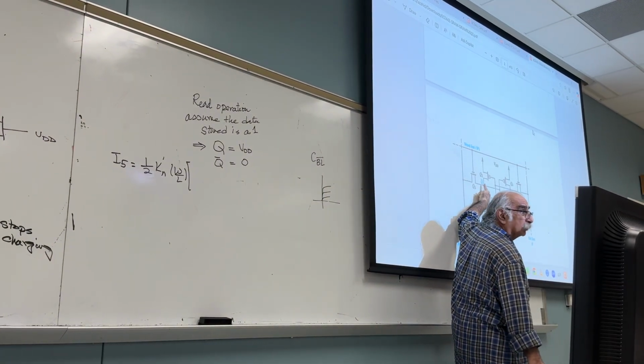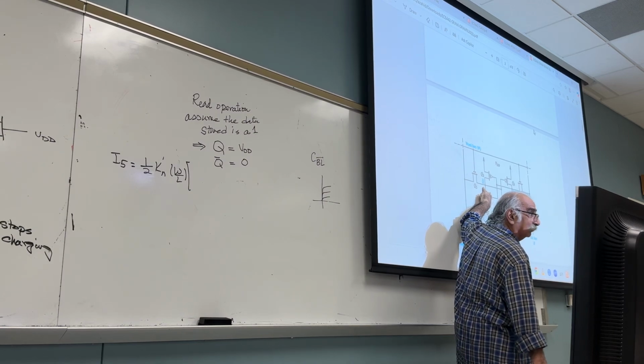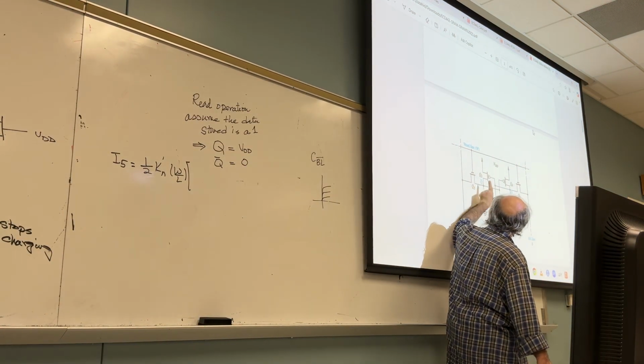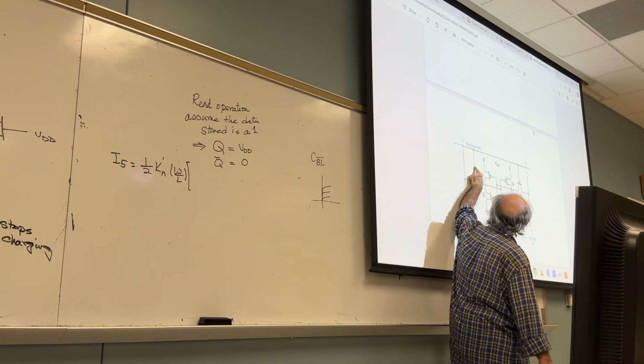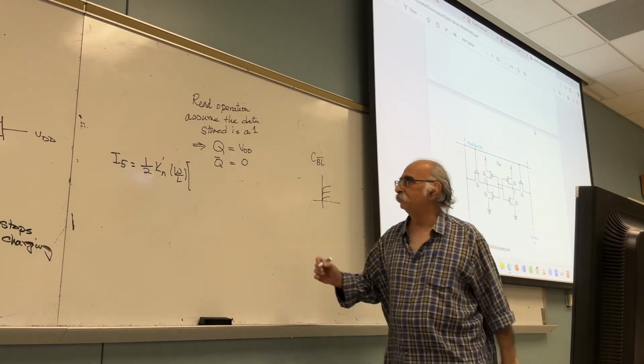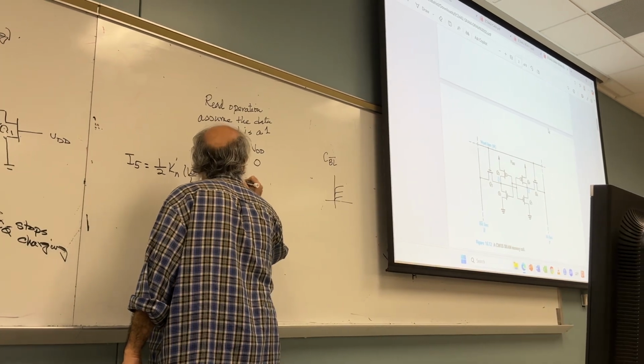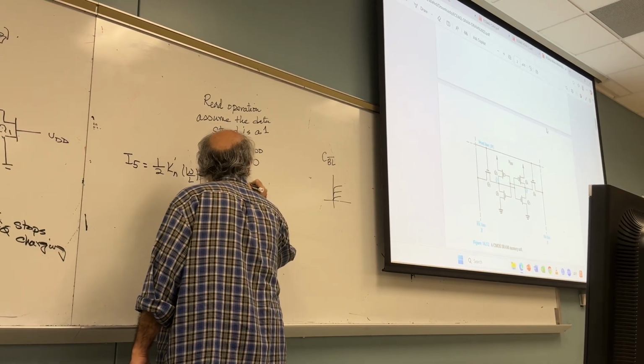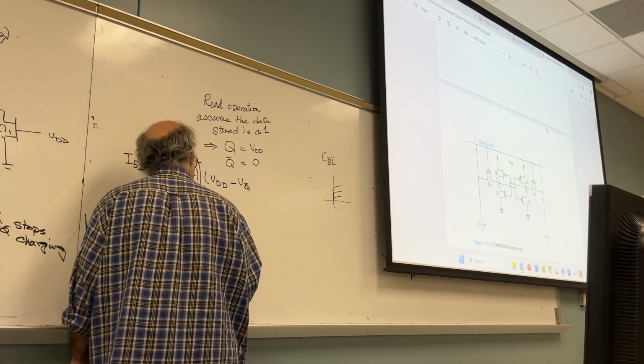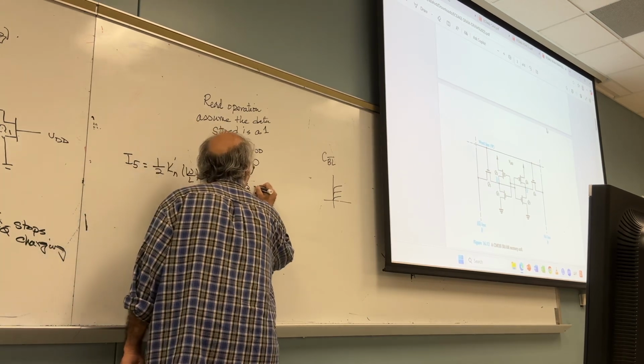Remember, this is the source, because the current is going this way. The gate is VDD minus VQ bar. Yes? And then what?